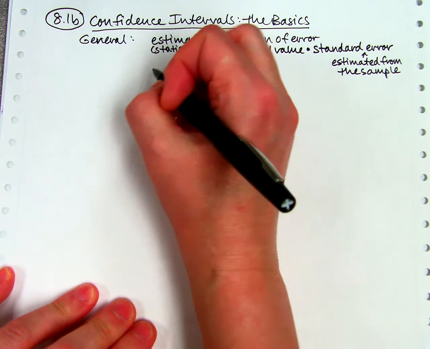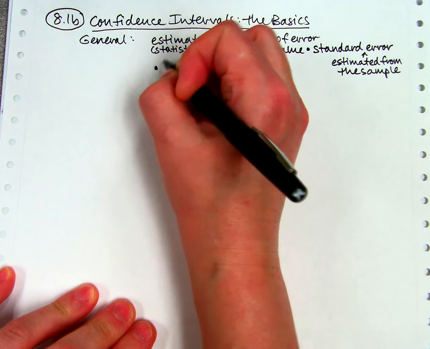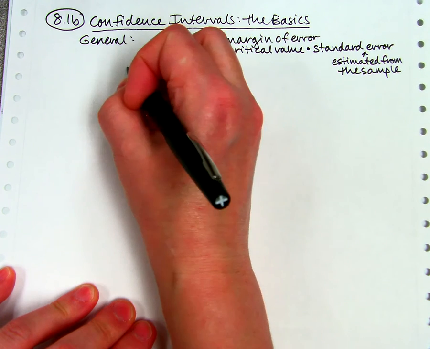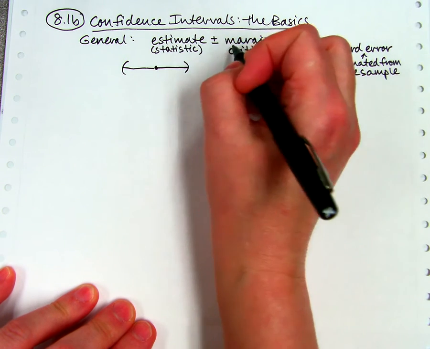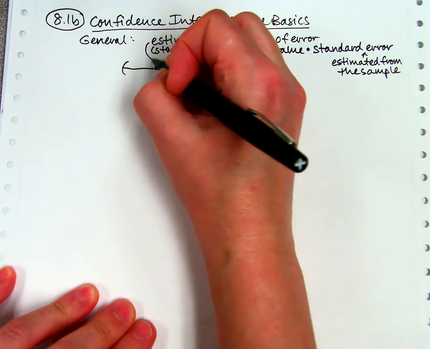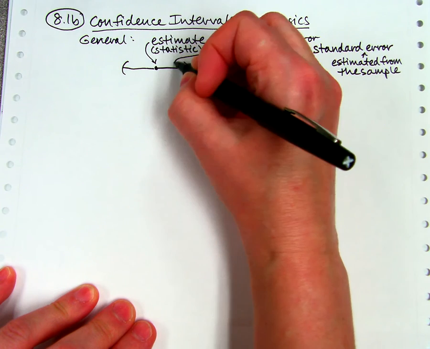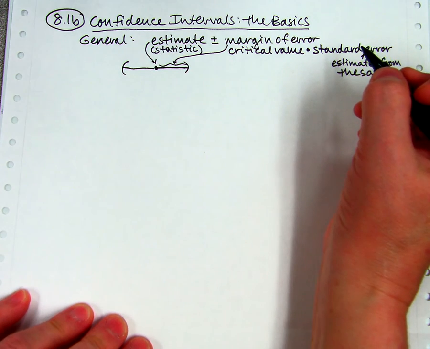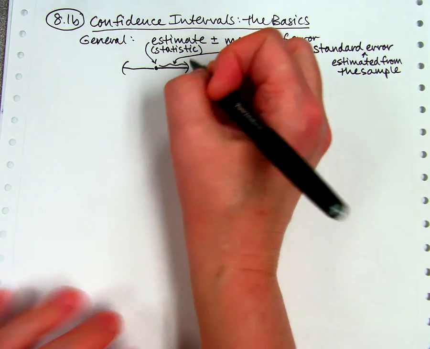I want to remind you that basically what's happening here is we have our estimate, and then we go out this far, and we go out this far, and that's our margin of error. The estimate is here, and the margin of error is this distance we go in each direction, and we're finding our lower bound and our upper bound for our interval.